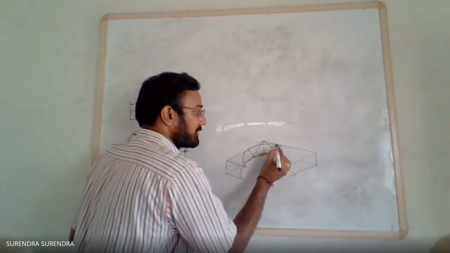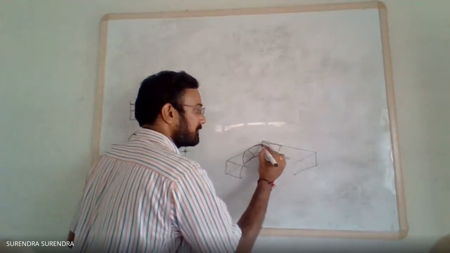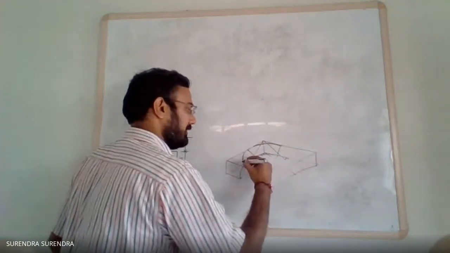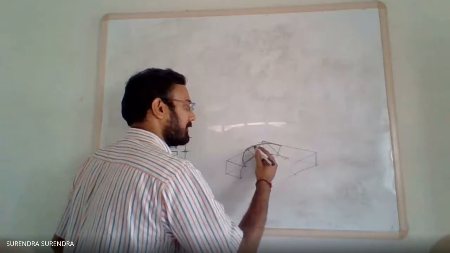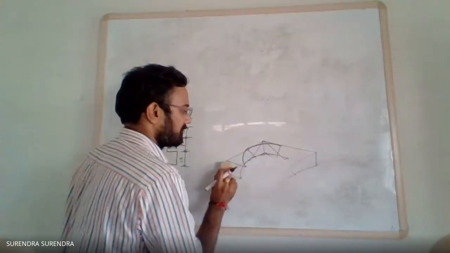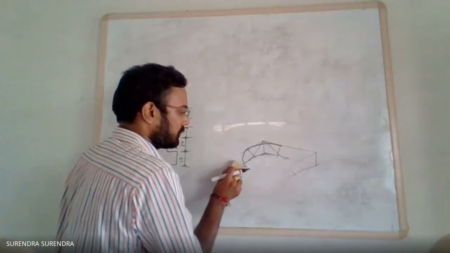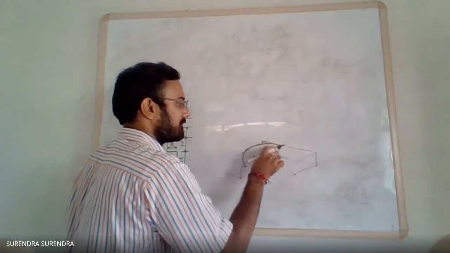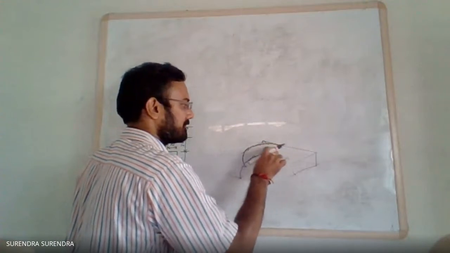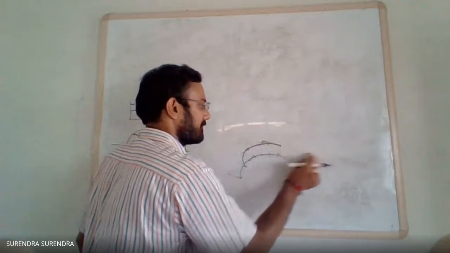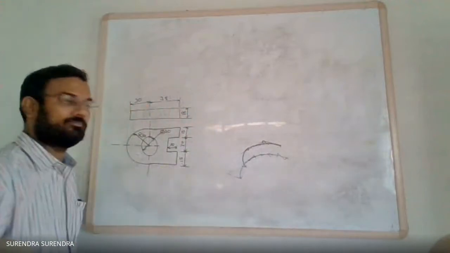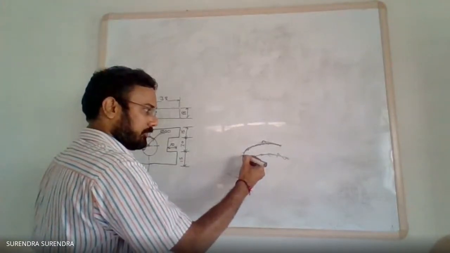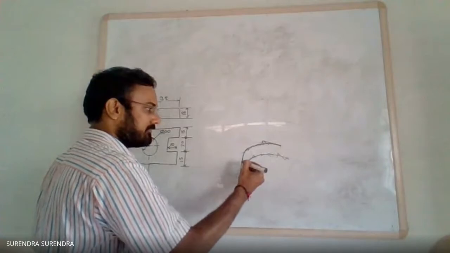Highlight only the curvature. Only this curvature, highlight it. Leave everything else with 2H. Keep only these two curvatures. And from this outermost point, draw a vertical line downward.